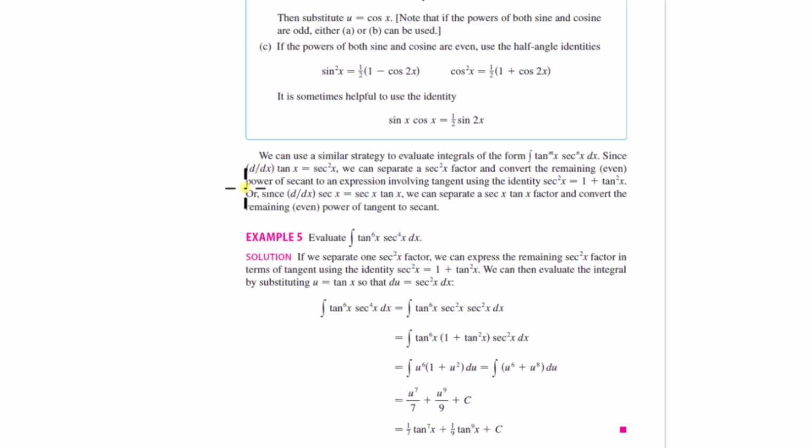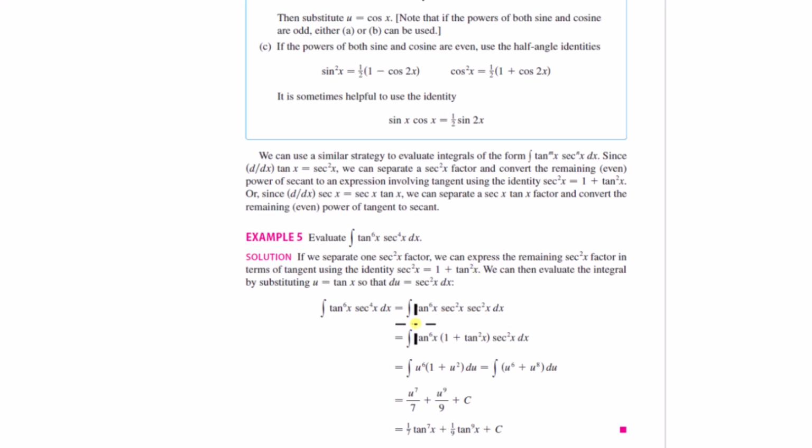But the idea is the same in that here we've got an even power of tangent and an even power of secant being multiplied together. And we can solve this. We didn't talk about a way for solving this case for sine and cosine. But here, what we can do is separate a secant squared x, and so we're left with tangent to the 6th power of x, secant squared x, and then secant squared x dx.